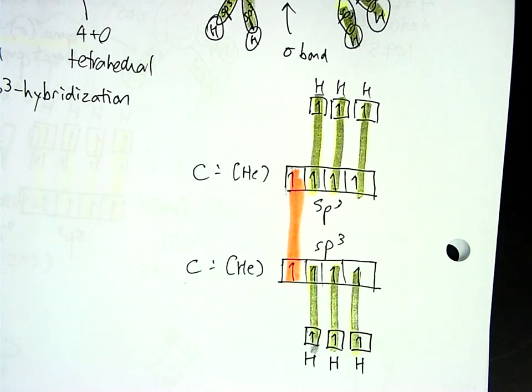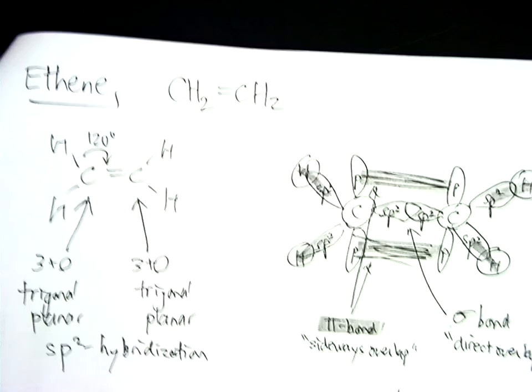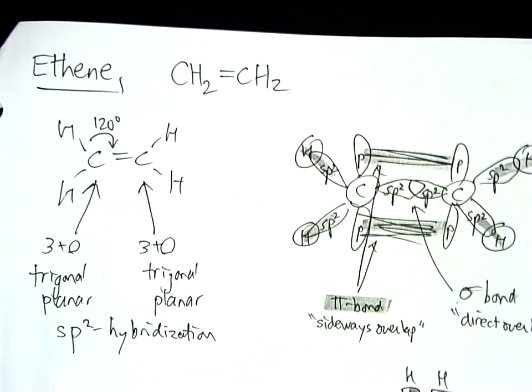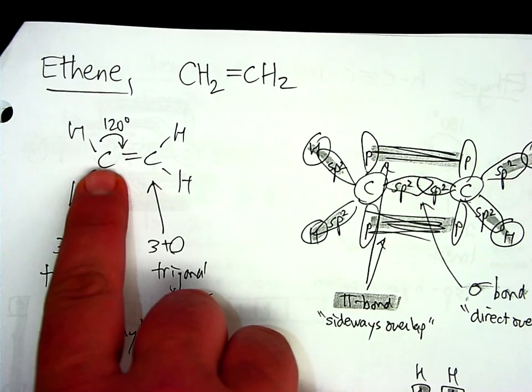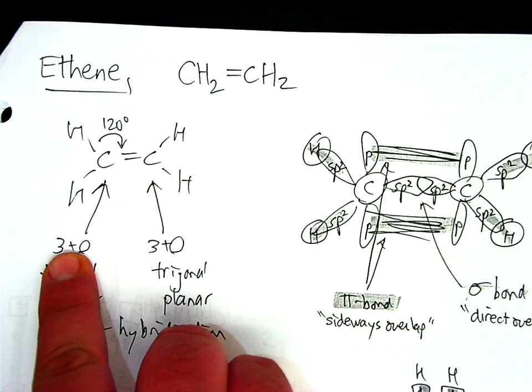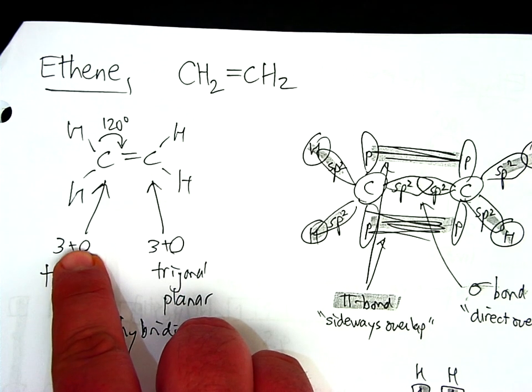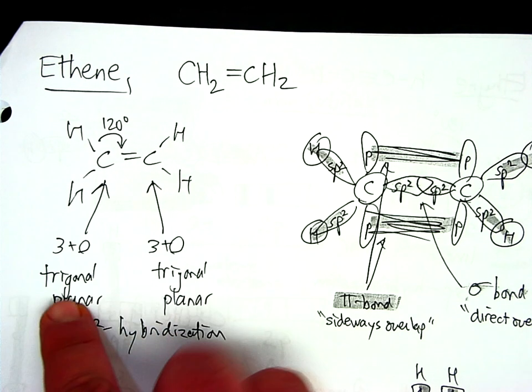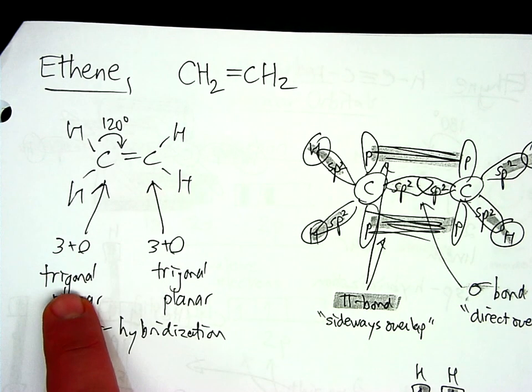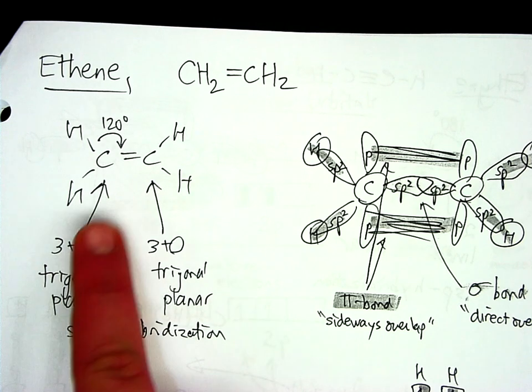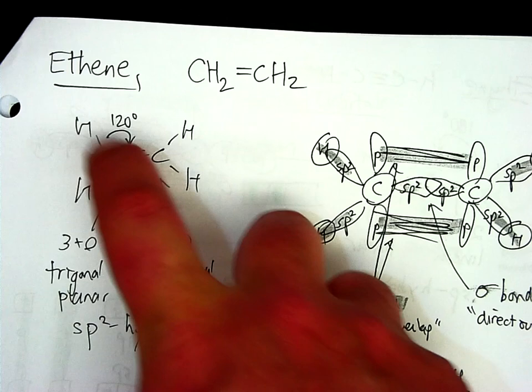Okay, so another way to visualize that. What changes here is when we start having multiple bonds. What exactly happens in that situation? So let's take a look at what happens with ethene. So ethene, we know, has 3 atoms attached, but no lone pairs on each of the central atoms. Okay, so it has a different code. Its VSEPR theory shape would be trigonal planar with an angle of 120 degrees between all the bonds.